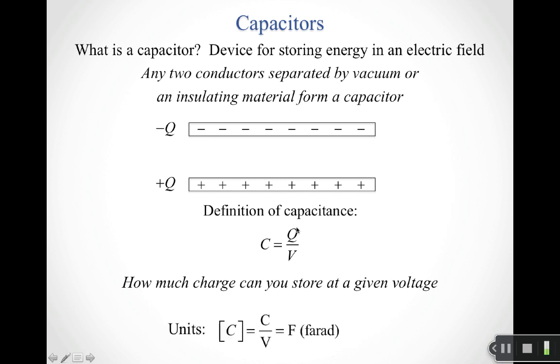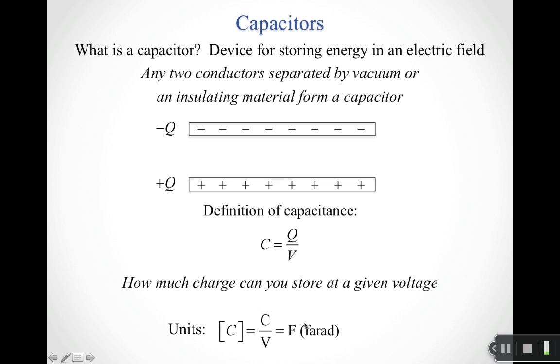If we look at this equation in terms of units, we see that the units of capacitance are nothing more than the units of charge, coulombs, divided by the units of potential, volts. So coulombs per volt is one way to think about the units of capacitance. The SI unit we most commonly use is known as the farad. This may seem like a strange word, but it's really just short for Faraday.